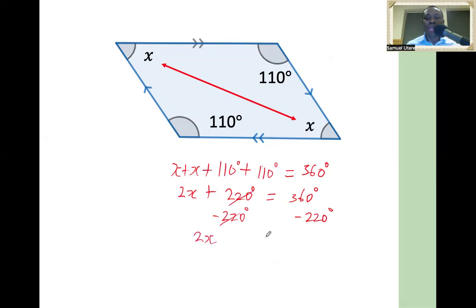So 2x will be equal to 140 degrees. Now, the next step is to make sure we have x standing on its own. The thing that is preventing us is the 2 multiplying the x. So we have to divide by 2. That cancels out. X will be 70 degrees.